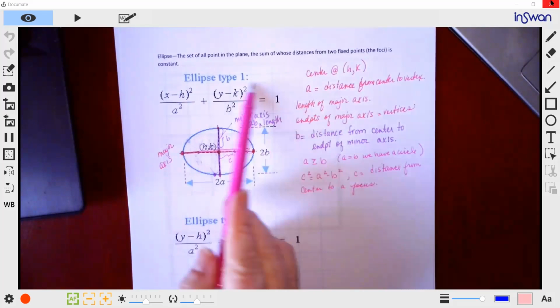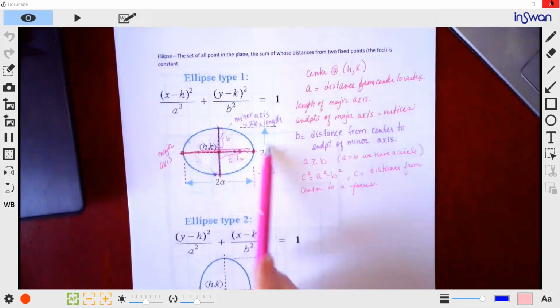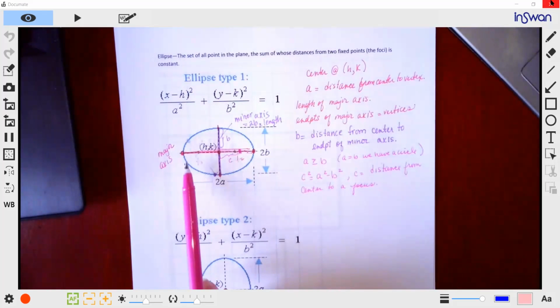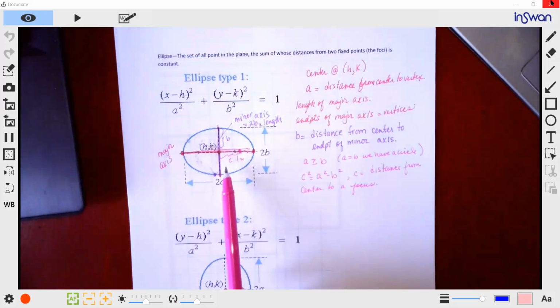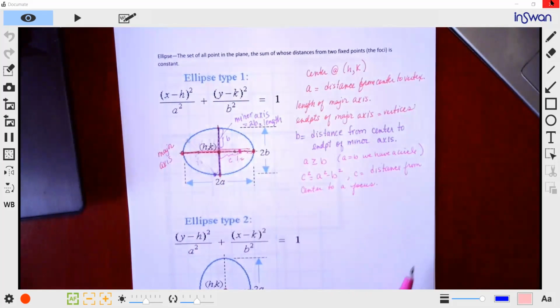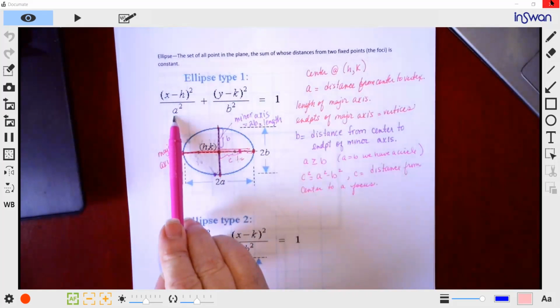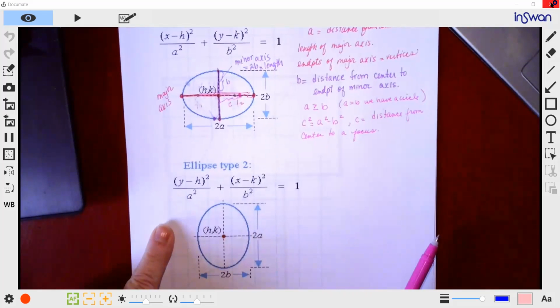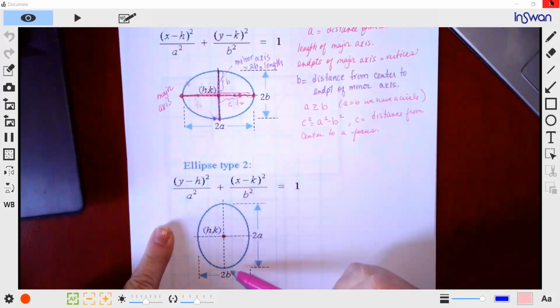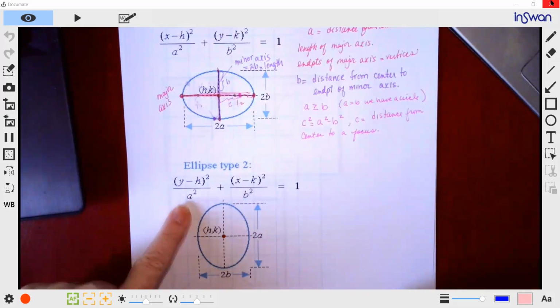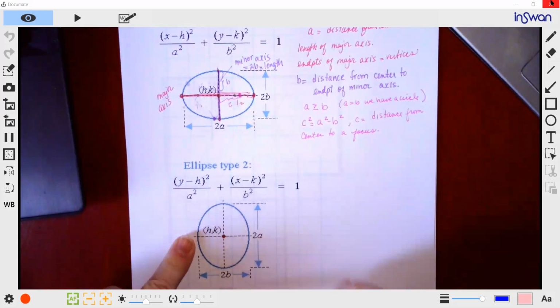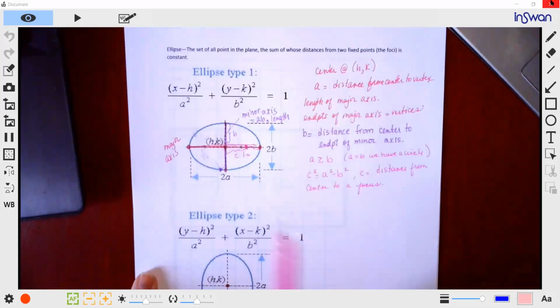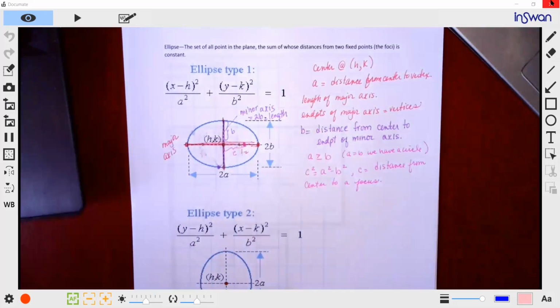This is the form when your ellipse is horizontal in nature. In other words, the major axis is horizontal. If the a squared, which is the bigger of the two denominators, is under the y squared term, then it's going to be taller than it is wide. So when it's y squared over a squared, we have a taller, skinnier model than when it's x squared over a squared. They're similar in nature.